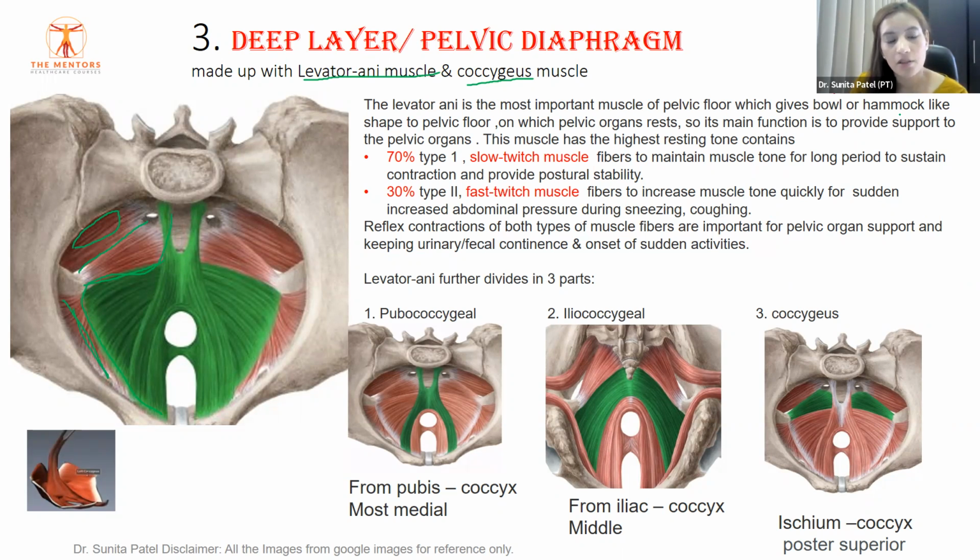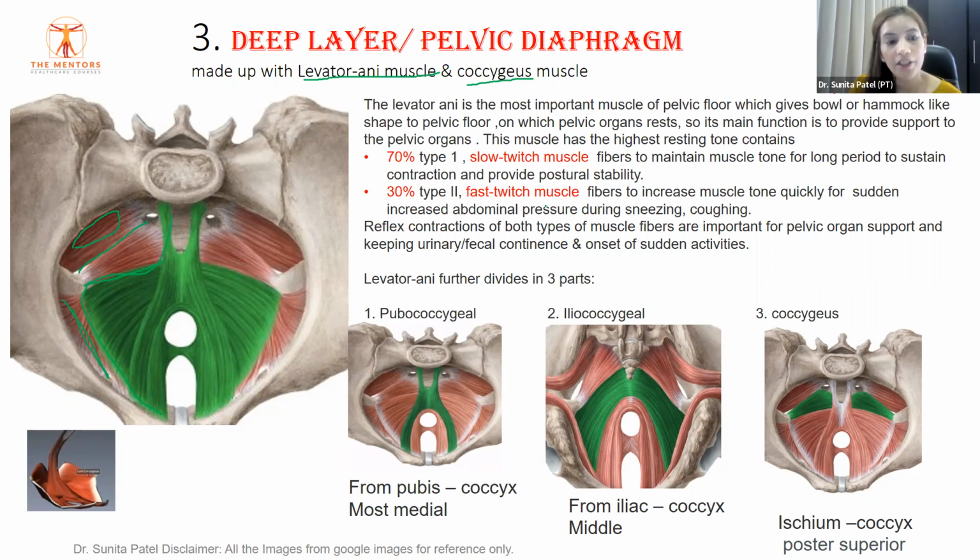This deeper muscle has the highest resting tone. 70% of its muscle fibers are slow twitch, and 30% are fast twitch. When we talk about the superficial, external layer, such as bulbospongiosus and ischiocavernosus, those are mostly fast twitch fibers.